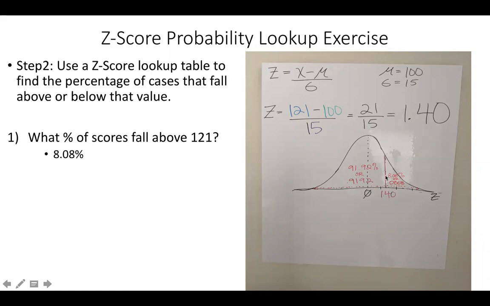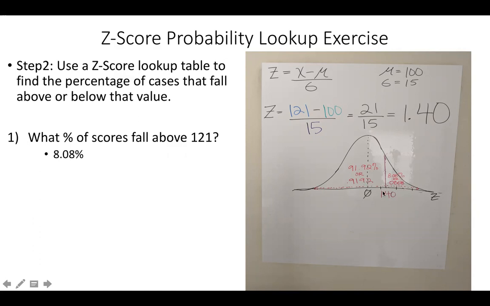To figure out the opposite, to figure out the percentage of cases or the percentage of scores that fall above 121, what we need to do is subtract 0.9192 from 1. Because as I said, this entire area under the curve is 100%. So we're simply taking 100%, subtracting 91.92%, and then that remainder is the area to the right of the Z-score.